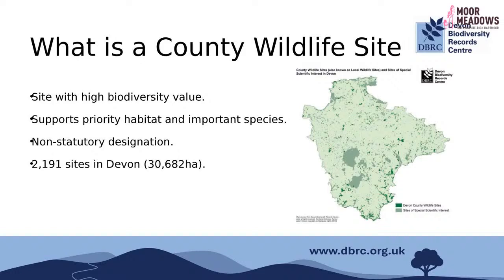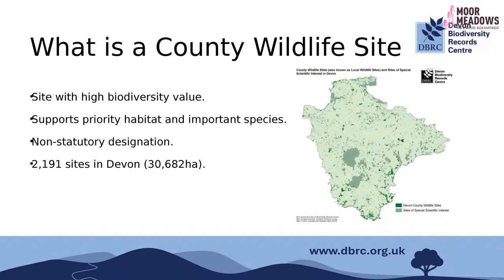So there is a strict criteria for county wildlife site designation, and that is available on our website if you wanted to review it. It's a fairly hefty document, but it is very interesting. But they are predominantly designated based on the presence of priority habitat or significant populations of protected species, so things that might be threatened or locally notable.